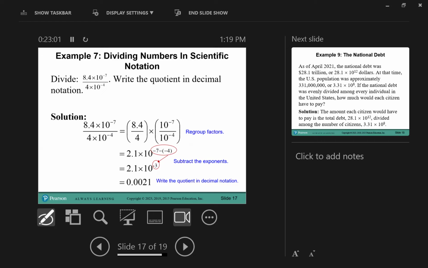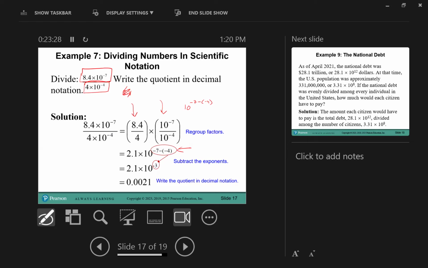We have 8.4 times 10 to the negative 7, and that's being divided by 4 times 10 to the negative 4. So I'll treat this as 8.4. Oh, they've already done this. So I'm just going to separate it. 8.4 divided by 4, and then I'll treat the 10 to the negative 7 over 10 to the negative 4. So the powers become 10 to the negative 7 minus negative 4, which they've written here.